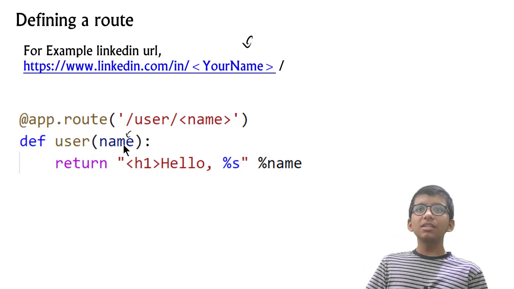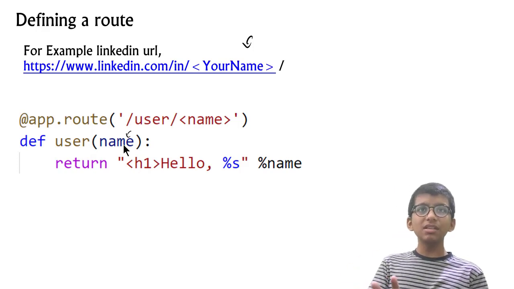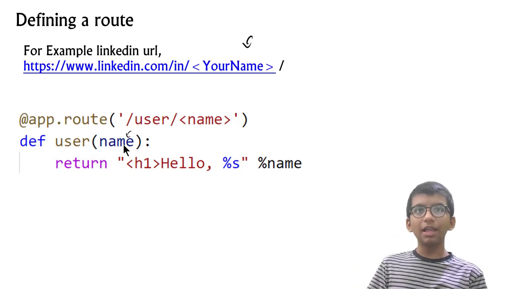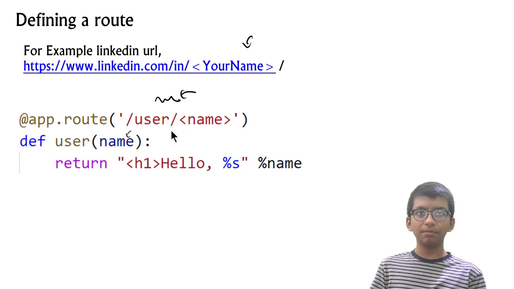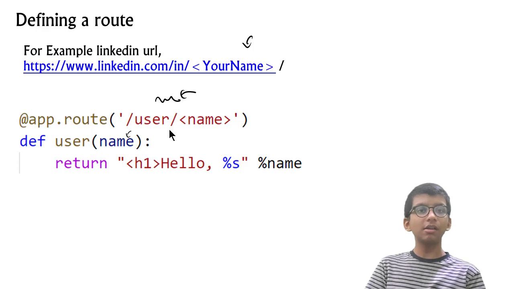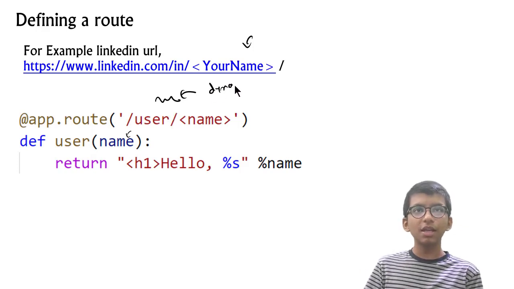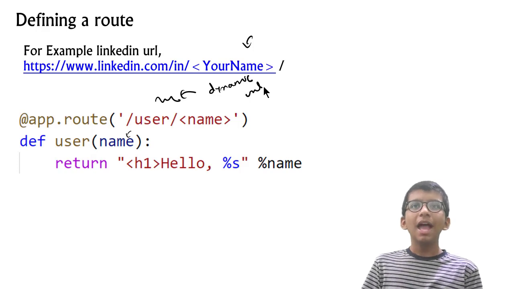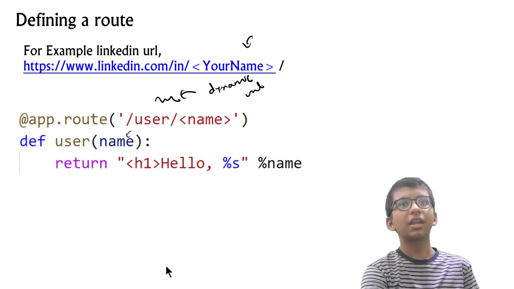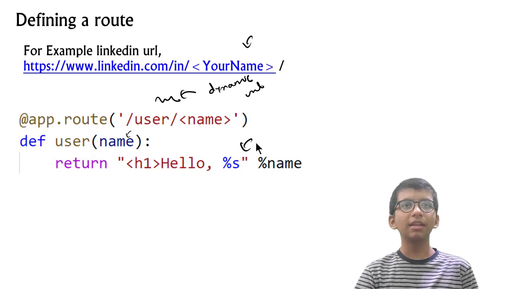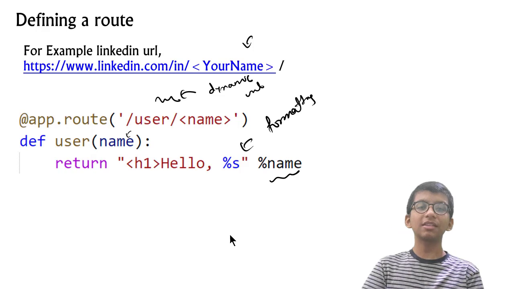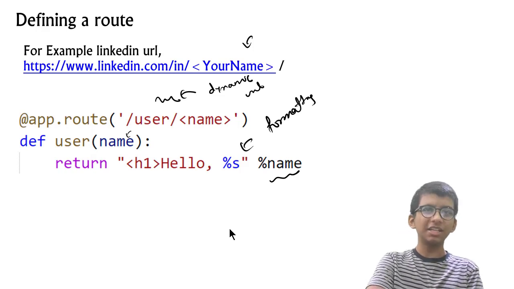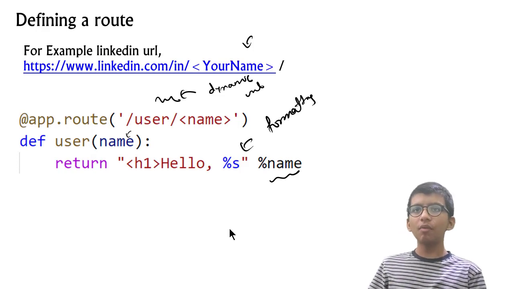Okay, so what we have is a dynamic URL, and it is called dynamic because it is taking the argument from the user. Okay, so it's a dynamic URL, and it simply returns hello, and this is the string formatting, with the %s and then the percent name. This is the syntax that we write. Okay, no worries.